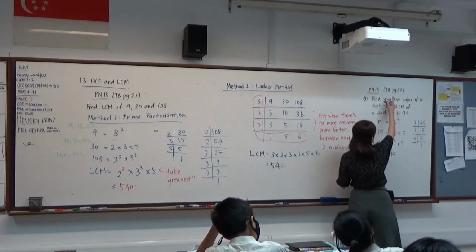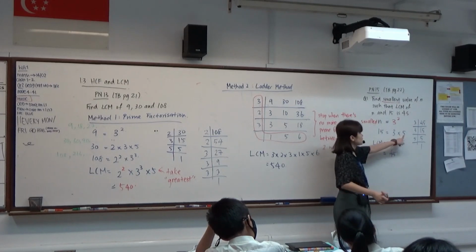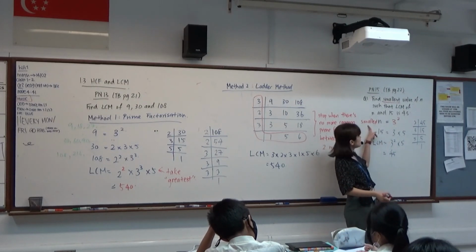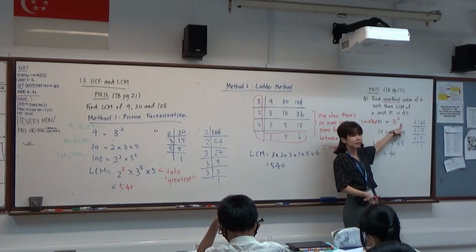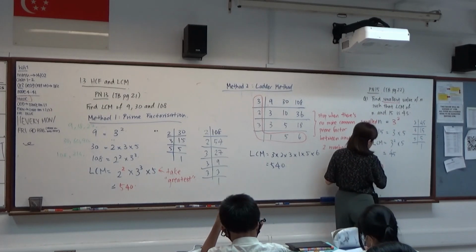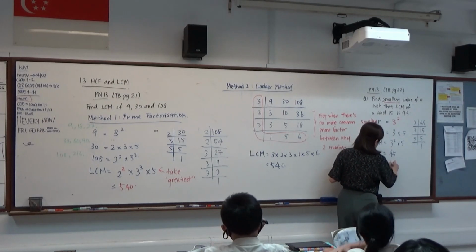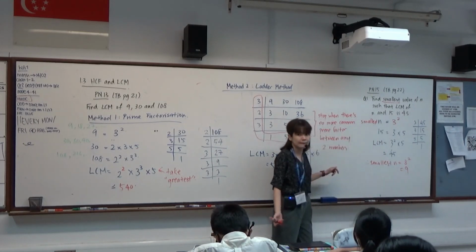This question asks for the smallest value of n. So the 5 is optional to be placed inside. But since I'm looking for the smallest n, should I put a 5 inside? I shouldn't. So therefore, my smallest n, the answer to the question, will just be 3 squared, and it's 9.